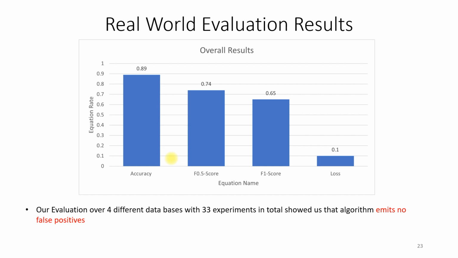The presented result is just an overview of the evaluation result. More detailed result can be found in the paper, where the accuracy is around 89%, and F1 score is around 65% and F05 score is around 74%, where the F1 and F05 score represent the harmonic mean between precision and recall, where F1 score represents equal weightage between precision and recall, while the F05 score gives more weightage to the precision, and the overall loss or inaccuracy in the algorithm is just 10%.